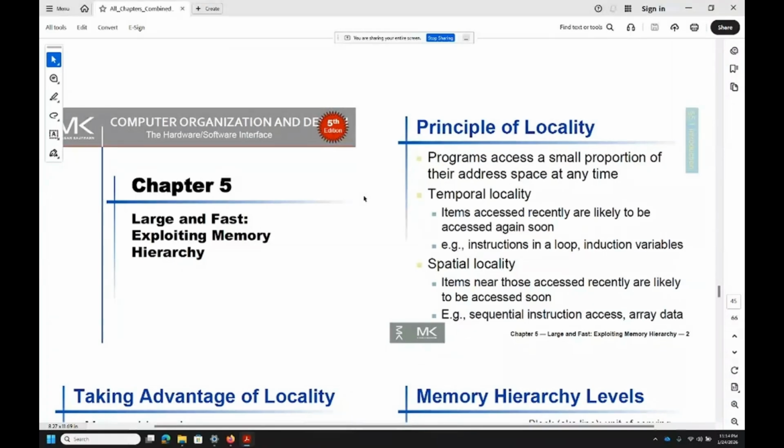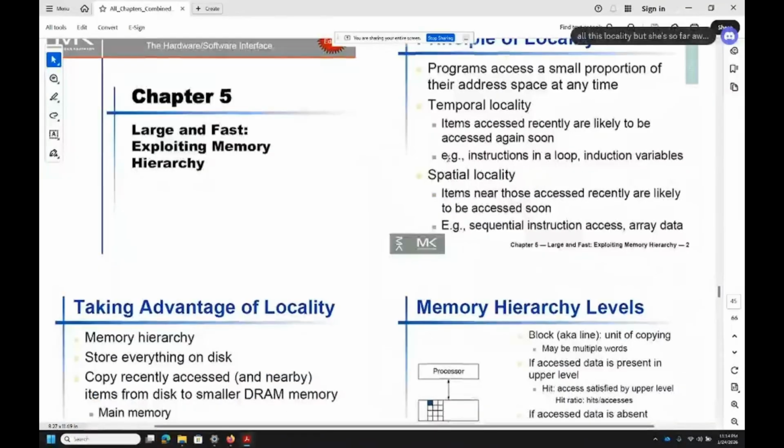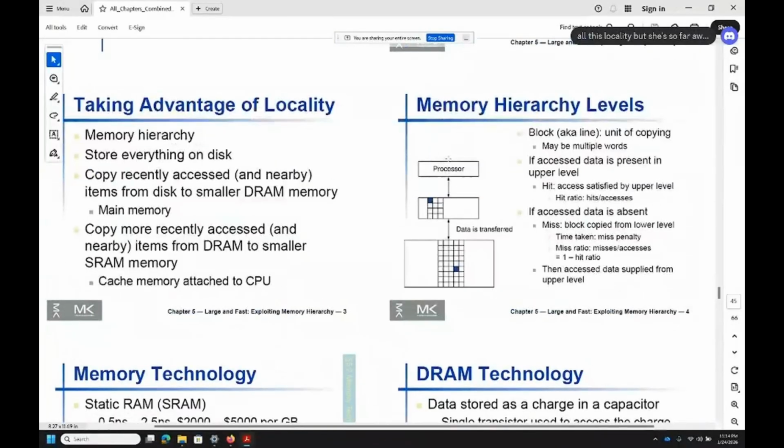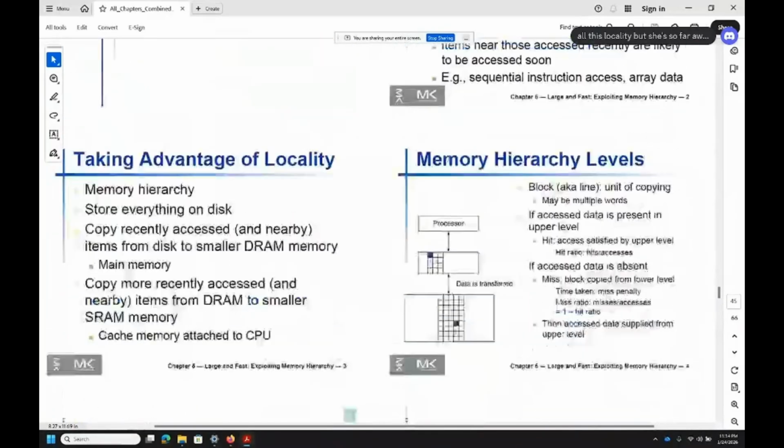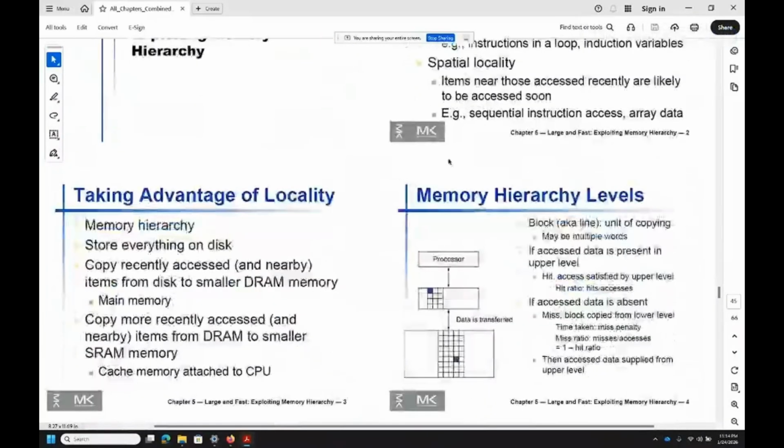Location-wise, whatever data is stored near the previous data is likely to be accessed, and temporal is about timing, that anything that you accessed recently, you are likely to need to access again. So yeah, we build our memory to take advantage of these two localities, temporal and spatial locality.